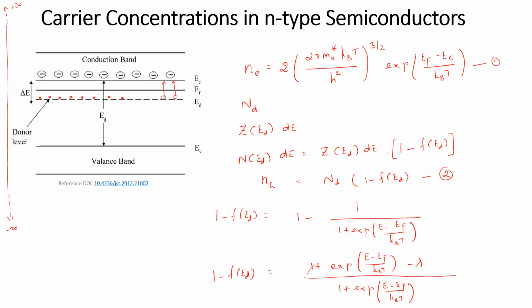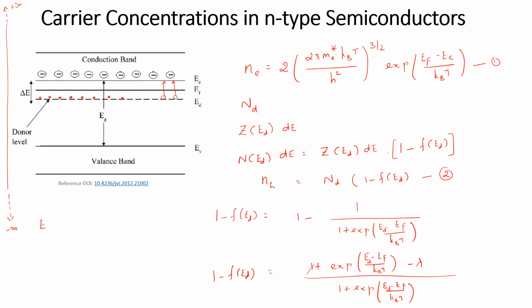You know, E is some energy present inside the donor level. So I will write this as ED. Okay, that will be the appropriate way of writing. So this ED minus EF. You can see in the picture, ED is here, EF is here. So is it positive or negative? It is negative. So ED minus EF is negative.